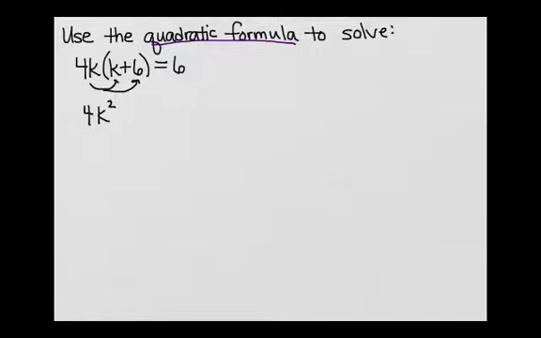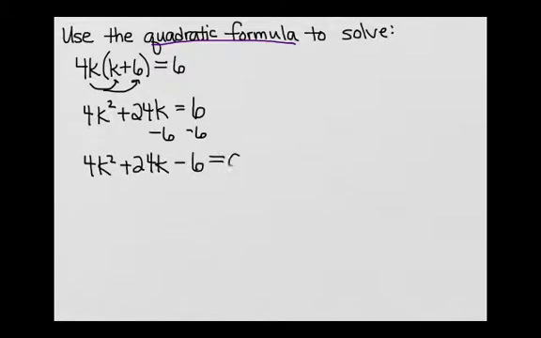We get 4k squared plus 24k, and that's going to be equal to 6. We still don't have one side equal to 0, so the next thing we need to do is subtract 6 from both sides, and then we end up with 4k squared plus 24k minus 6 is equal to 0.